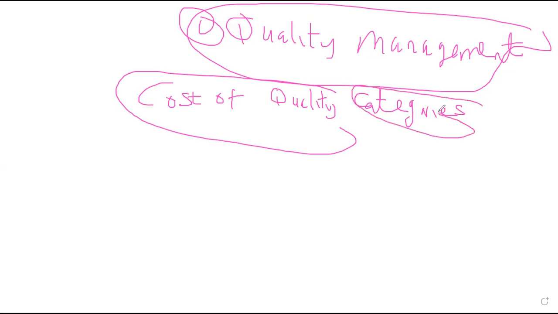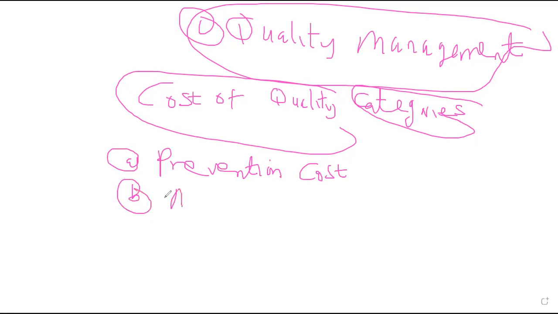Number one category is the prevention cost. Then look at appraisal cost. Then you look at the internal failure cost.